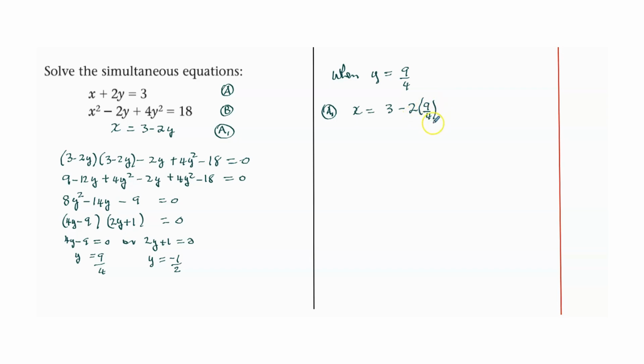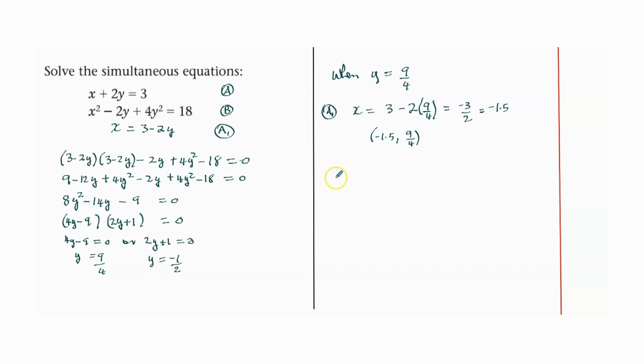So that would be 9 over 2. So 9 from 6 is minus 3 over 2. So we get minus 3 over 2 for that one, which is minus 1.5. So the solution then, the x value would be minus 1.5, and the y value is 9 over 4 as an ordered pair.